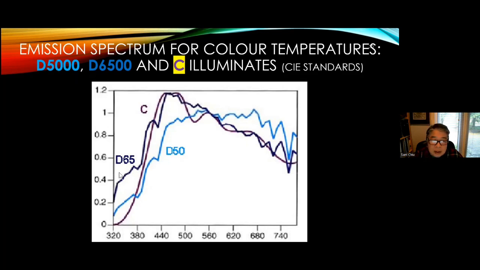D6500, this dark blue here, as a light source that you could buy, is the closest you could get to sunlight. Meanwhile, illuminant C has been forever used as the standard light source.